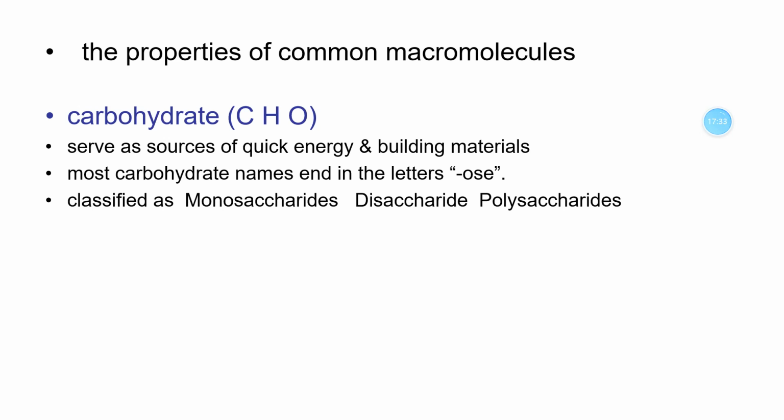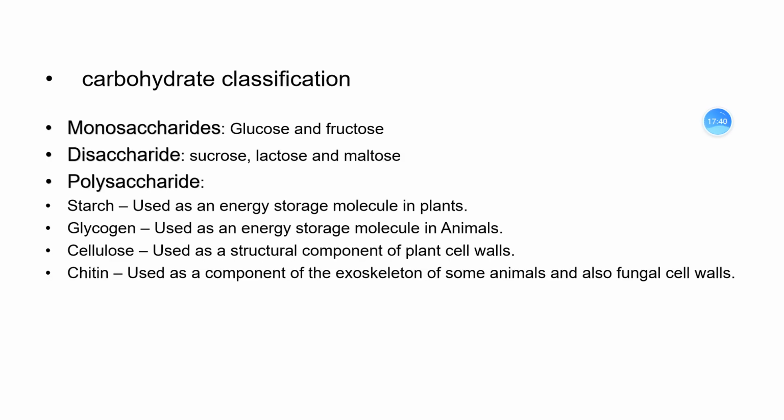And carbohydrates can be classified as monosaccharides, disaccharides, and polysaccharides. Monosaccharide is the simple form of sugar, usually glucose and fructose. Disaccharides are usually sucrose, lactose, and maltose.